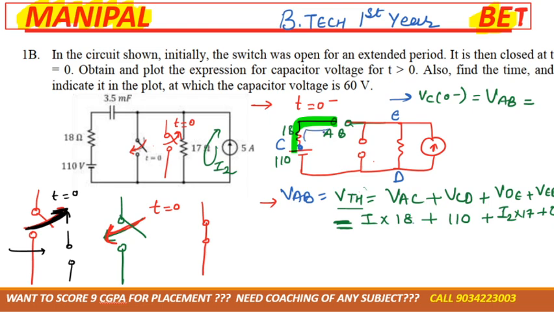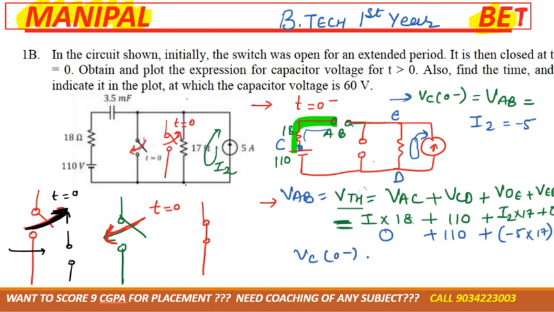Current is across 18 ohm. It's an open circuit, and in an open circuit, no current will flow. That is 0 plus 110. I2 is how much? Already given, but we have taken opposite direction because you are moving to T2, so current would also move. So I2 we can consider as minus 5. Minus 5 into 70. Solve it.